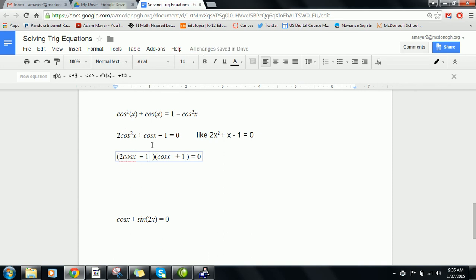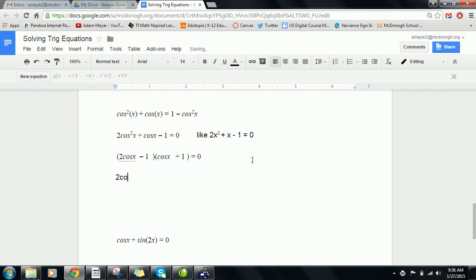First times first gives me 2 cosine squared, outer times outer gives me plus 2 cosine of x, minus 1 cosine x leaves me with 1 cosine x, and of course last times last is -1. So I factored just as I would this quadratic in terms of x, and now I set each factor equal to 0 and solve.